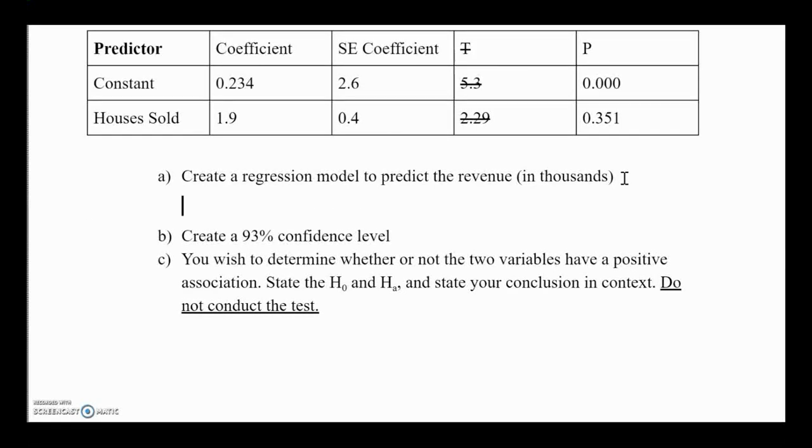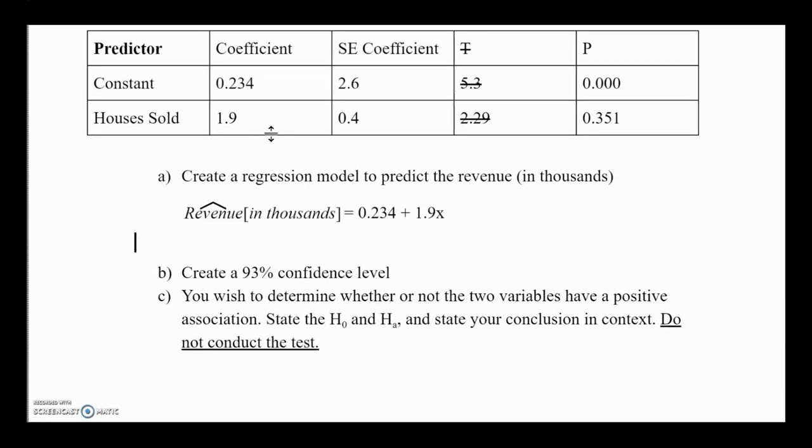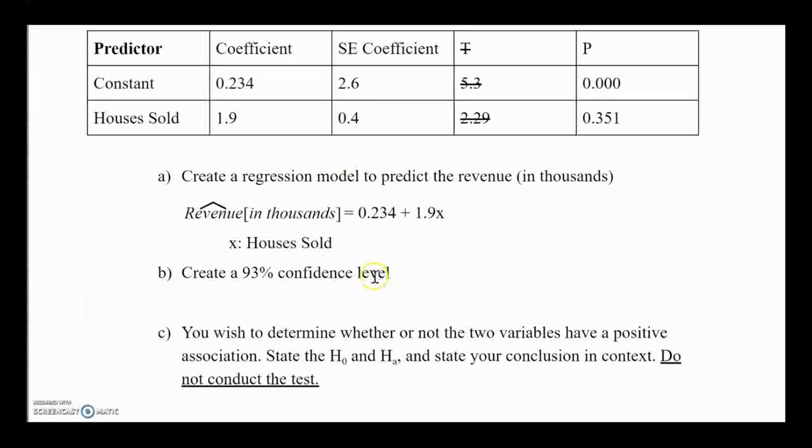I'm trying to predict revenue in thousands, which is equal to my y-intercept, which is the constant, 0.234, plus my slope, which is 1.9, times x, where x is, lowercase x, houses sold. Now create a 95% confidence interval.